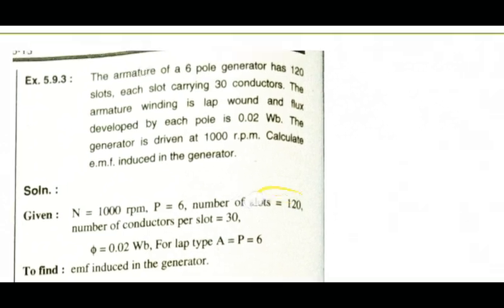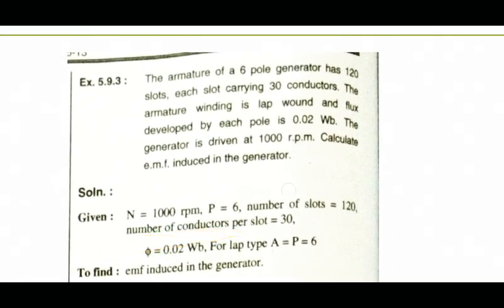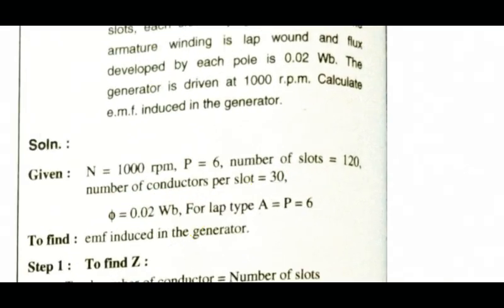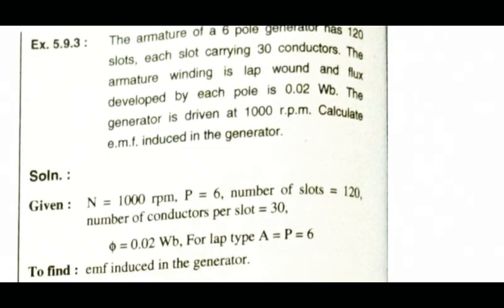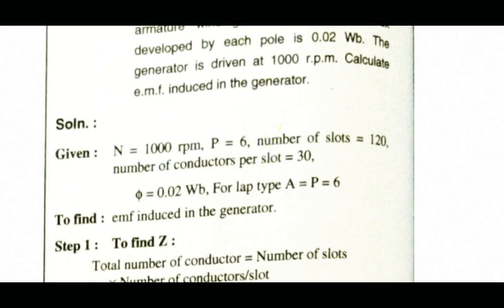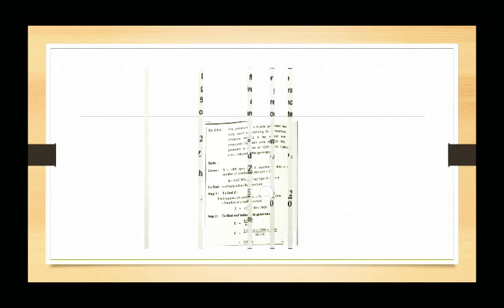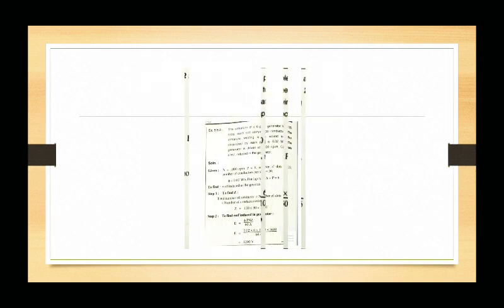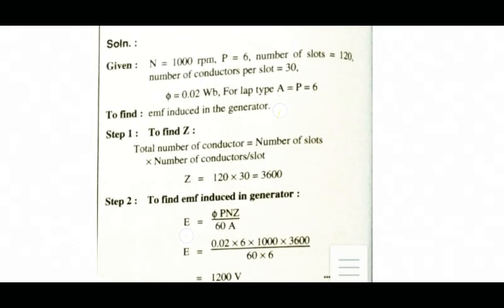The number of slots given is 120, and the number of conductors per slot is 30. For phi they have given 0.02 Weber, and for lap winding A is equal to P, so as discussed earlier, A is equal to P is equal to 6. We have to find the EMF induced in the generator. To find Z, the total number of conductors, is equal to the number of slots into the number of conductors per slot.